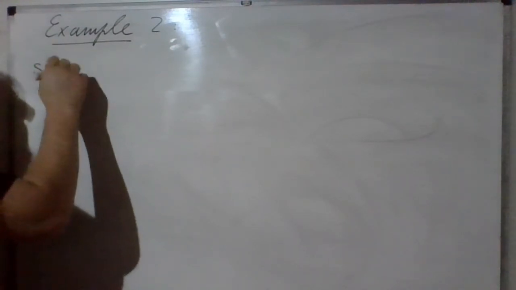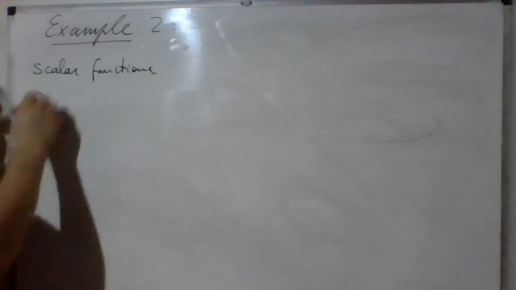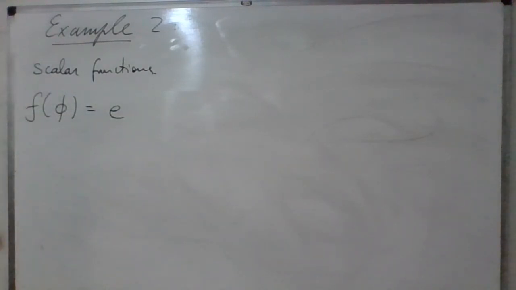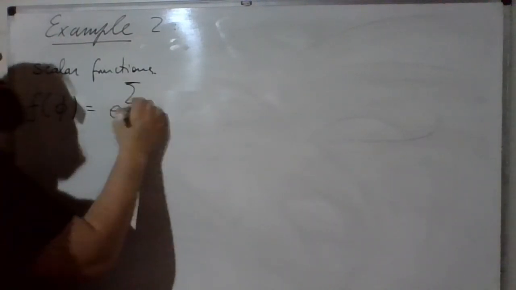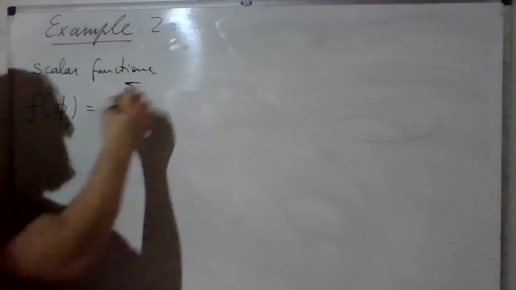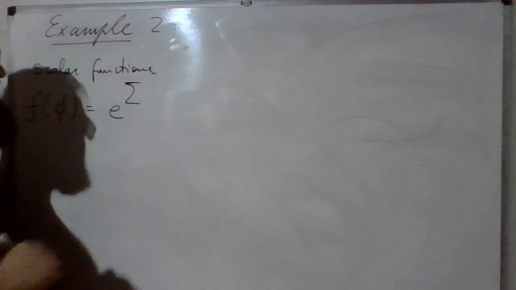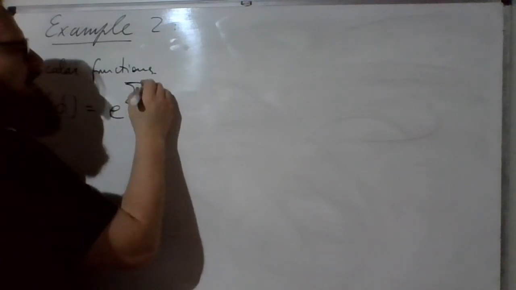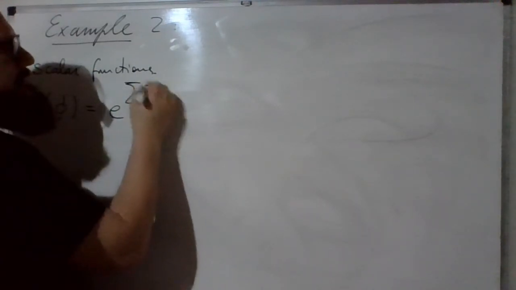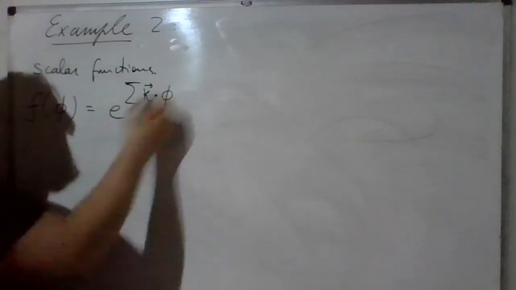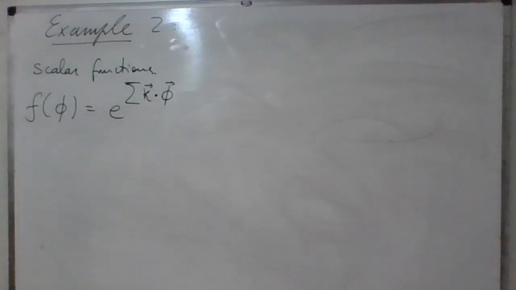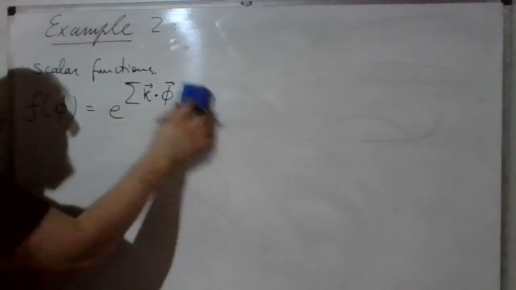So suppose for scalar functions here, if you have f of phi equals the exponential function of a summation of some set of constants, k dot phi, I'm using the notation of a scalar product.